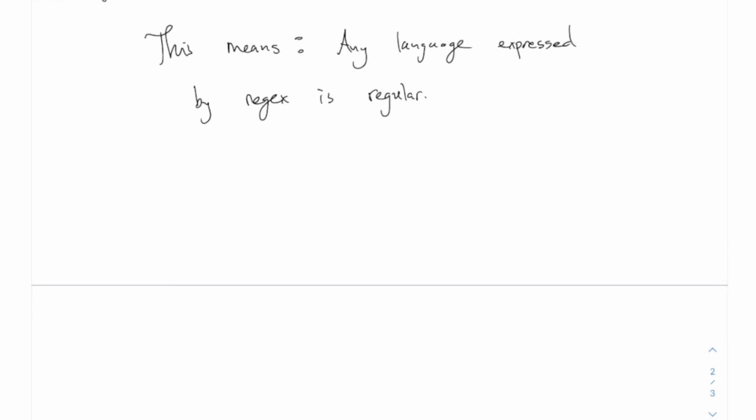All right, let's talk about how we do this conversion. The conversion is not so hard, and it's closely related to things that we have already discussed. So to convert, I'll start a new page here. How do we convert a regular expression to an NFA?